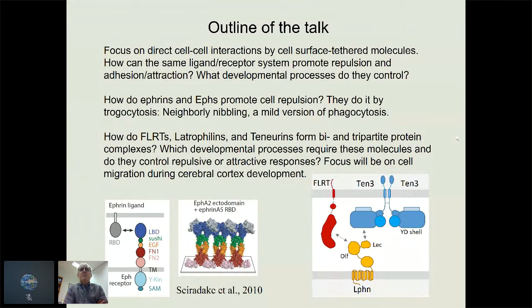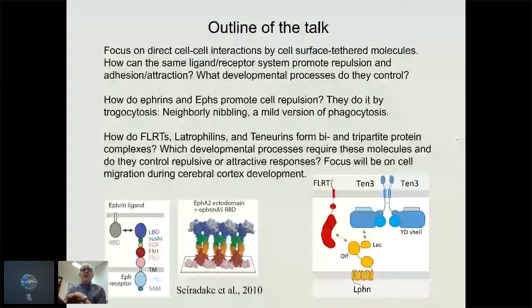And then I will switch to another set of proteins, the FLRTs, the latrophilins, and the teneurins, and tell you about how they form bi- and tripartite protein complexes, about the developmental processes they mediate, and I will mostly focus on work from our lab on cell migration in cerebral cortex development.